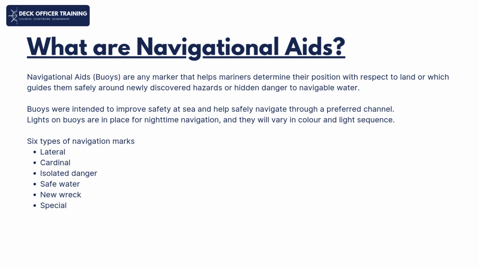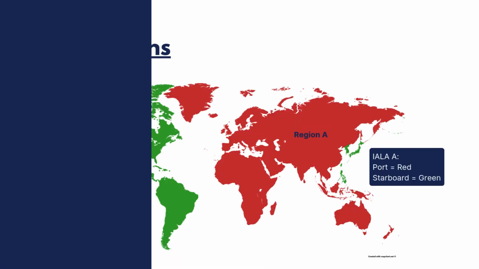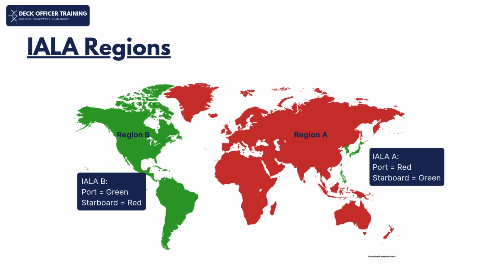There are 6 types of navigation marks: lateral, cardinal, isolated danger, safe water, emergency wreck, and special. The world is split into 2 regions, A and B. Region A includes Europe, Australia, New Zealand, Africa, the Gulf, and some Asian countries.